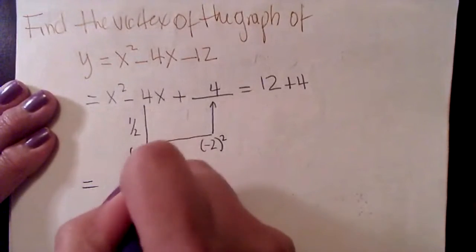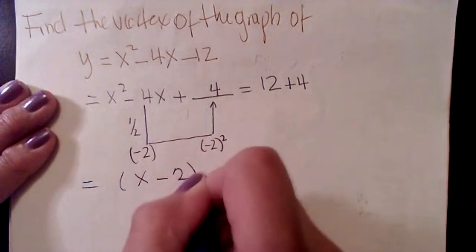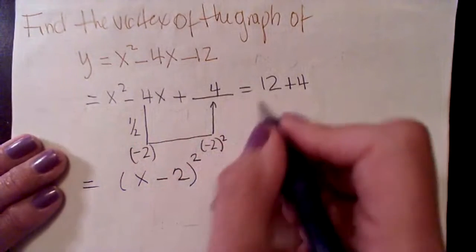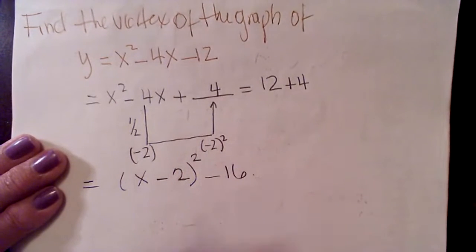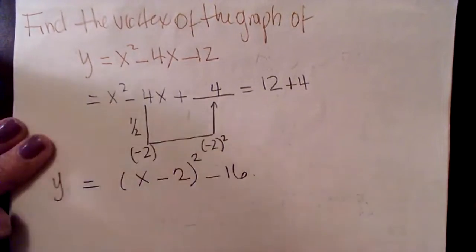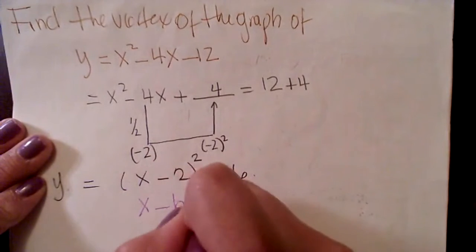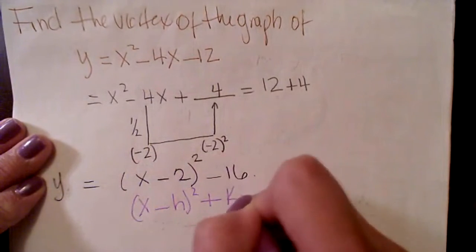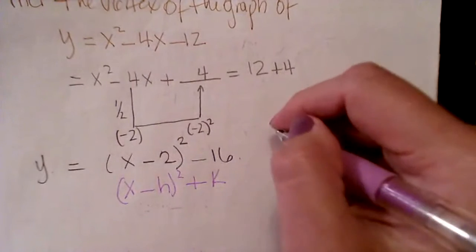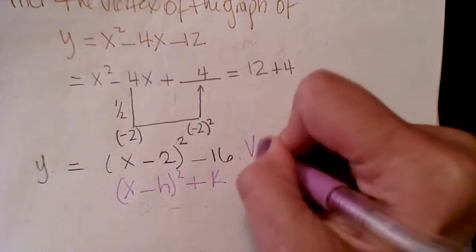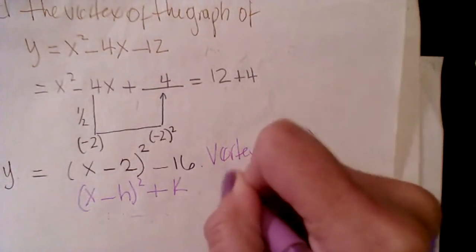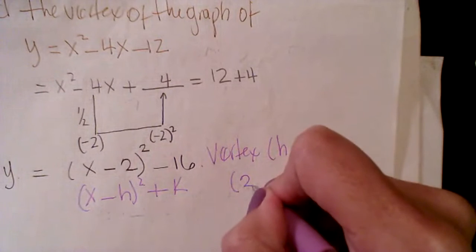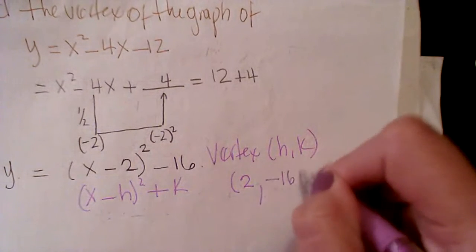So what's my square here? x, my perfect square, x minus 2 squared. 4 plus 12 is 16. Now, here's my vertex form, which is (x minus h) squared plus k. So they're asking me for the vertex. So my vertex is what? Is 2 positive, comma, 16 negative.